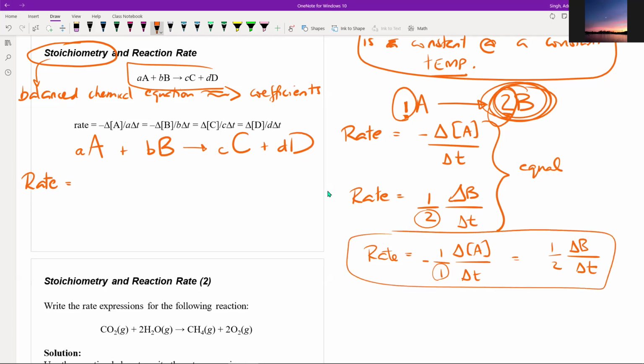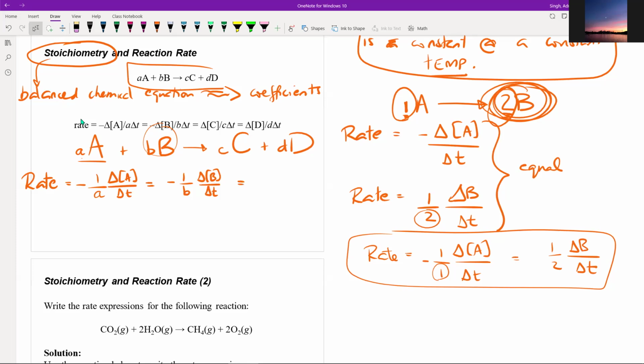So we can expand that, we can apply that generally then for our much larger equation here on the left side. So I can say the rate with respect to A would be a negative sign, 1 over lowercase a times delta, change in A, over delta T. Okay, so that's for this. And that's also equal to negative, because we're looking at B now, 1 over lowercase b times delta concentration of B, over delta T, in time.